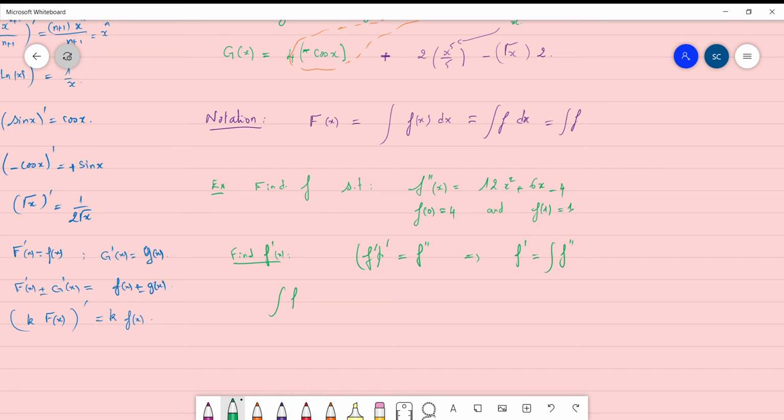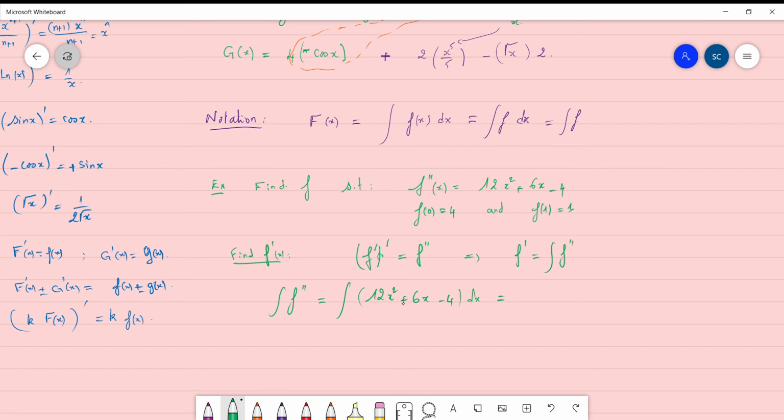An antiderivative of f'' is the antiderivative of 12x^2 + 6x - 4. I look at my function. It's a sum of 3 functions, and each is a scalar times a function.